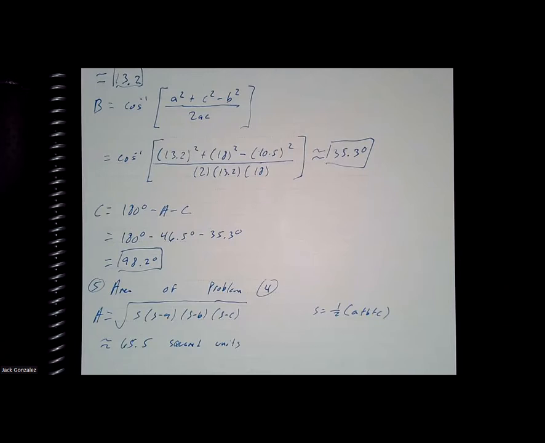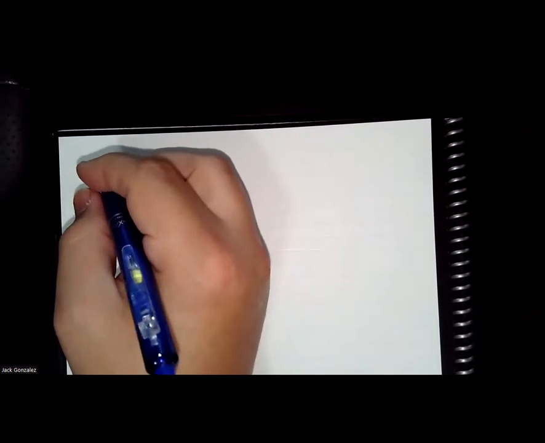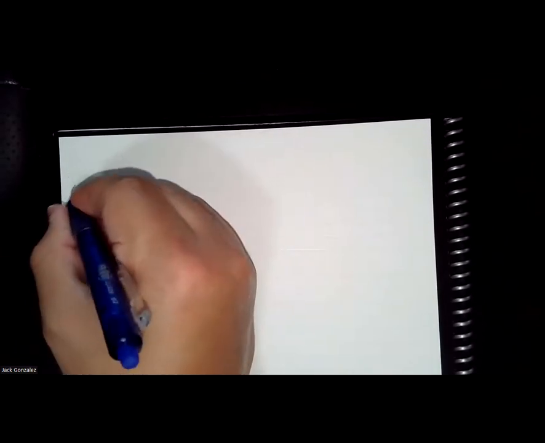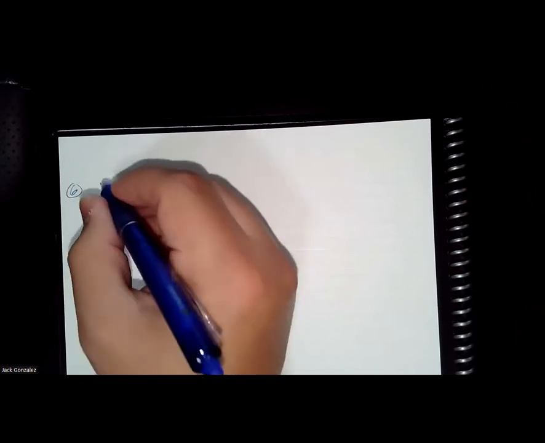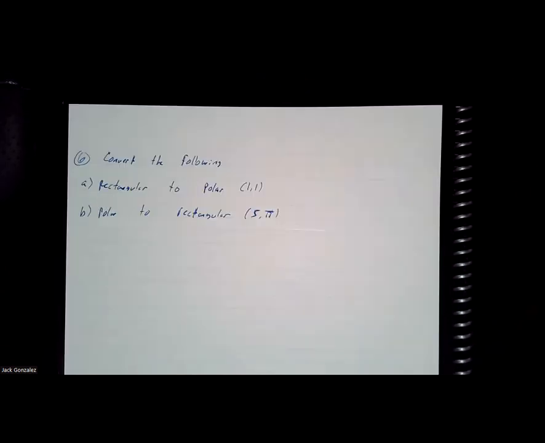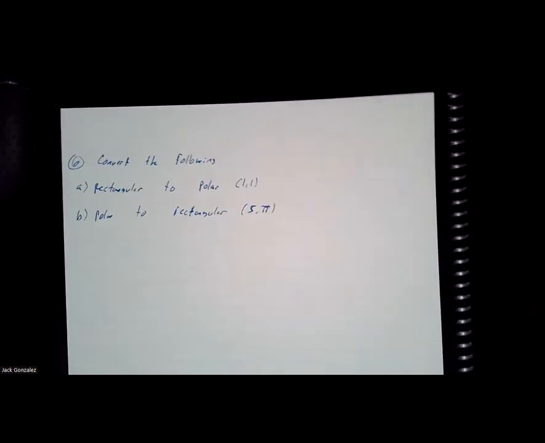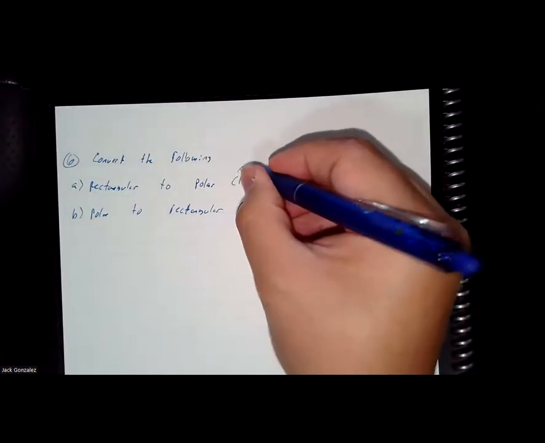So let's move on to vectors. Number 6. Let me see, I already forgot what the question was. Okay, so A was go from rectangular to polar, so that means we're starting with x and y.